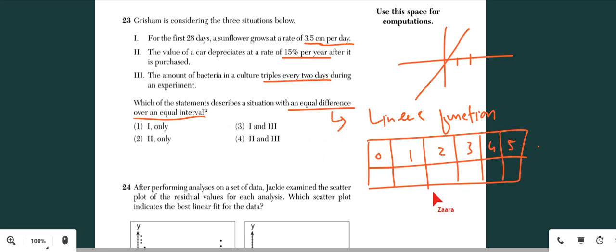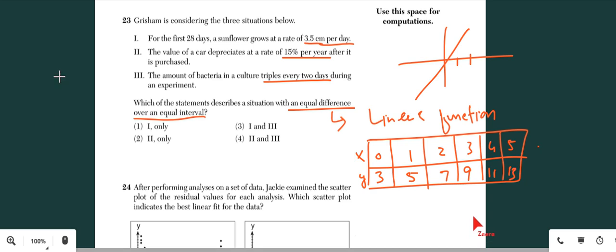The y values: let's take 1, let's take 3, let's take 5, let's take 7, let's take 9, let's take 11 and 13.